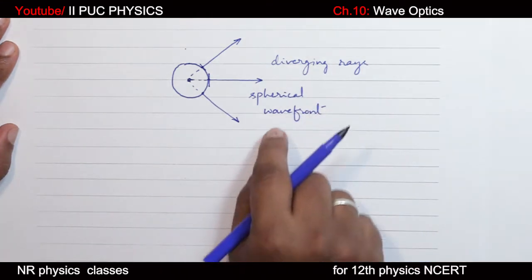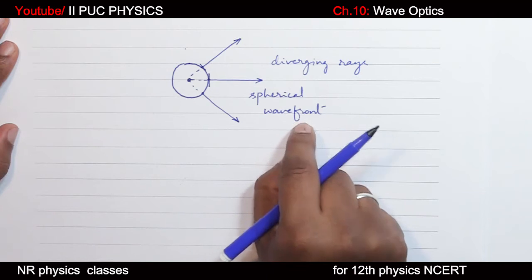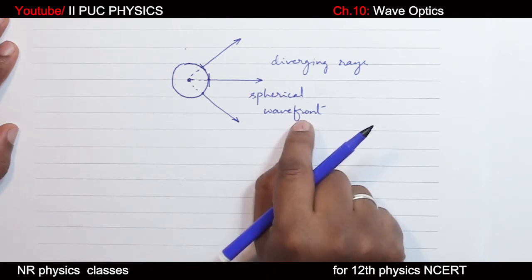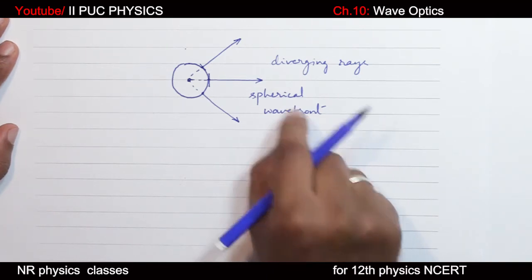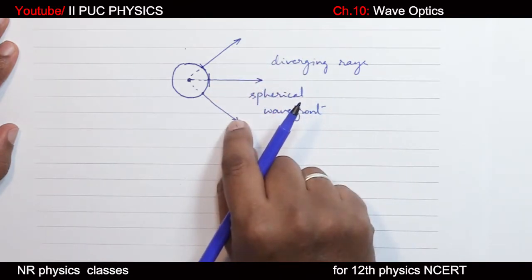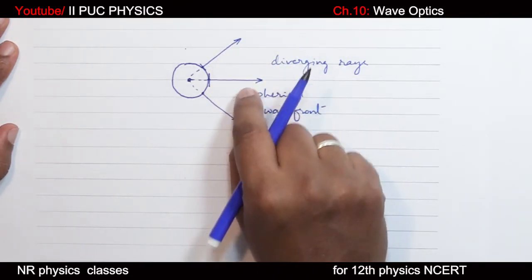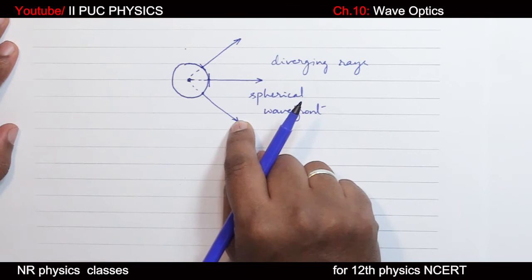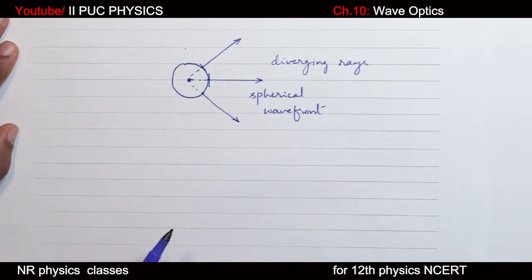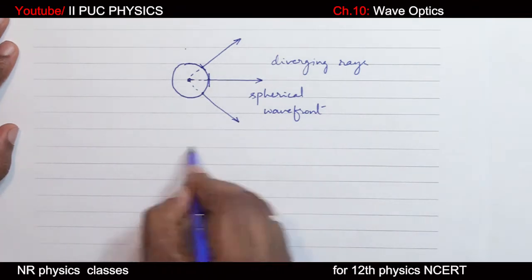In our discussion, if we are using a spherical wavefront, we are using the laws or rules of wave optics. If we are using diverging rays, we are using the laws or rules of ray optics. Similarly, plane wavefront.